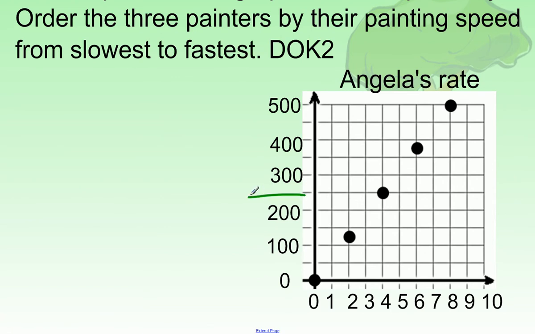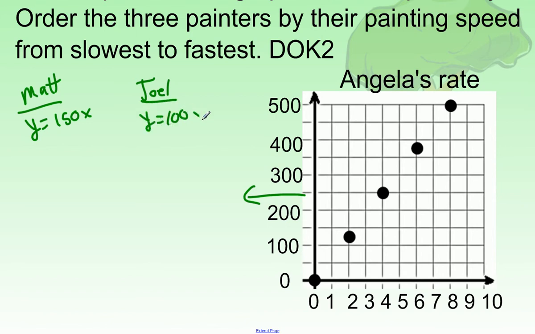So we're going to turn Angela's graph into our equation again. Matt was y equals 150x. Joel is y equals 100x. And Angela. To turn this into an equation, we need slope and a point.